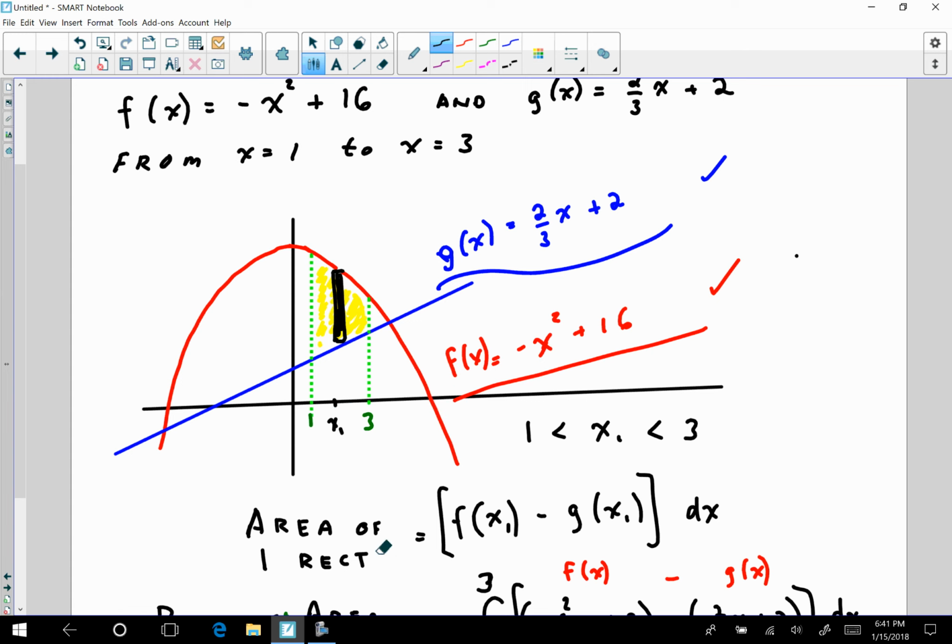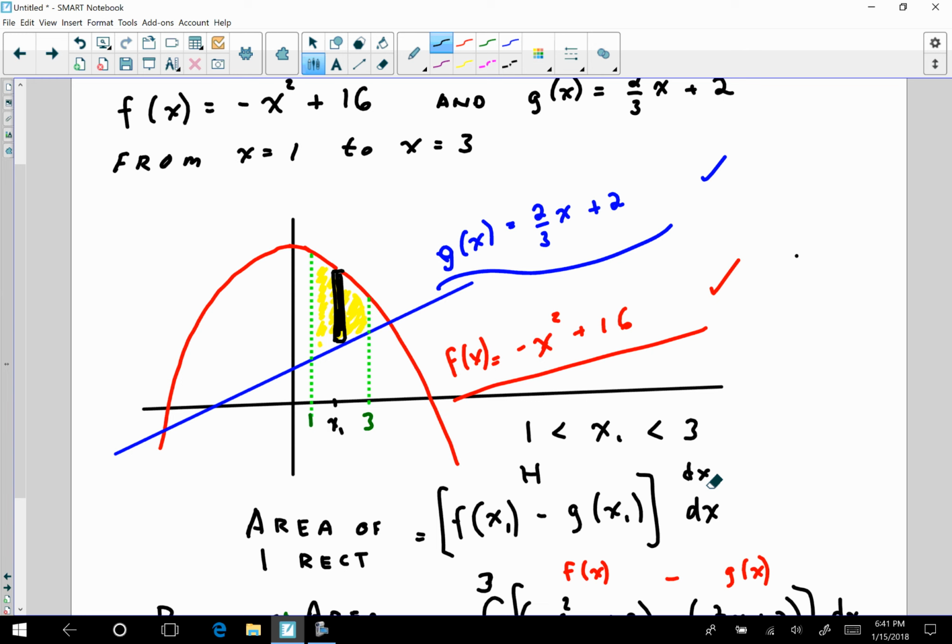The area of that one rectangle is going to be: f is above g. f is the red, which is above the blue. The height is going to be f of x sub 1 minus g of x sub 1, times the base. And we're just going to go right to a little itty-bitty skinny base and call it dx.